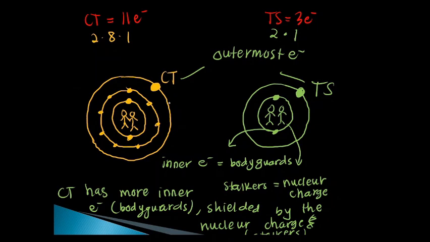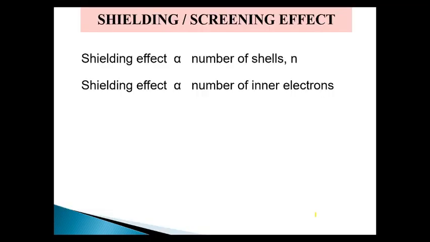Okay. So shielding effect is about who has more inner electrons, or bodyguards, should have a higher shielding effect. So in short, the shielding effect will increase if the number of shells increases. Like for Siti, she has 3 shells compared to Taylor, who has 2 shells.